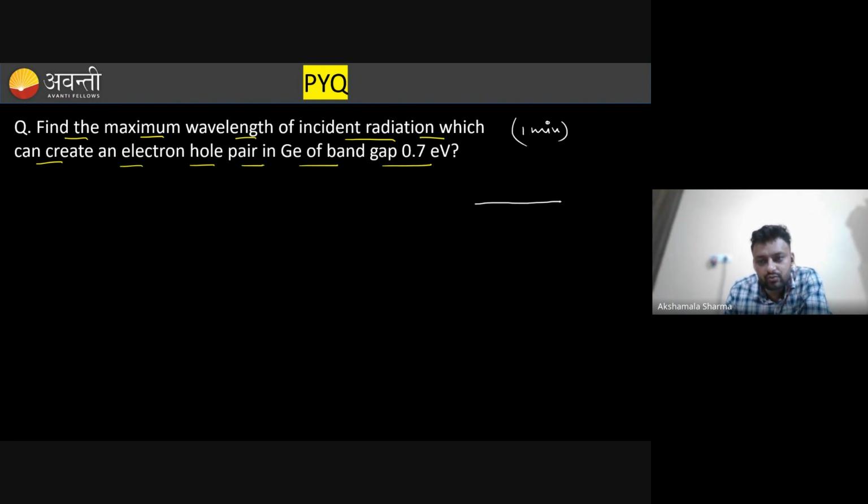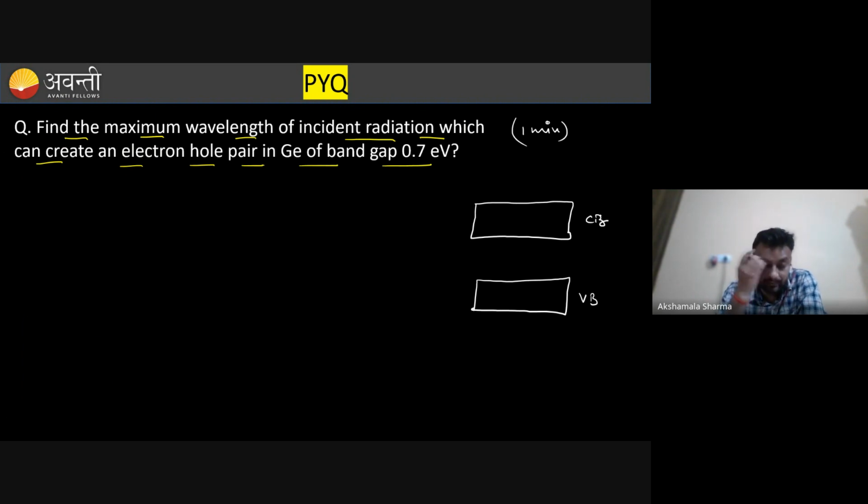I will show you so that you can understand the things. What are these two bands? You will say valence band and conduction band. Everybody should remember this thing. Now, next thing, this band gap is what? 0.7 electron volt. Clear.